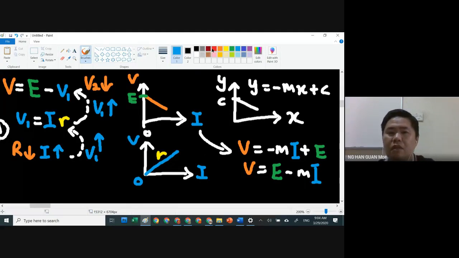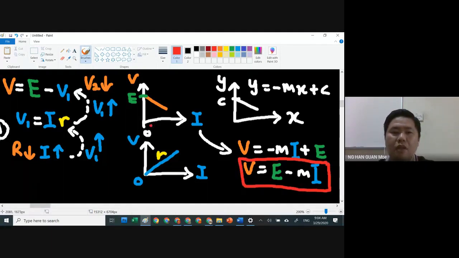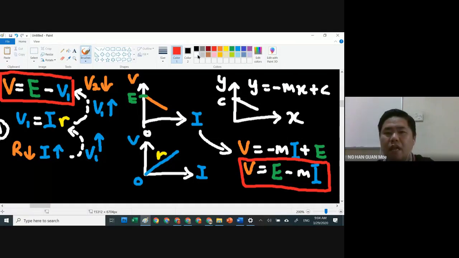So this one actually is... means this N, this N actually is our internal resistance.